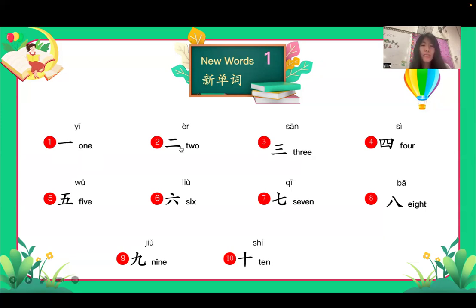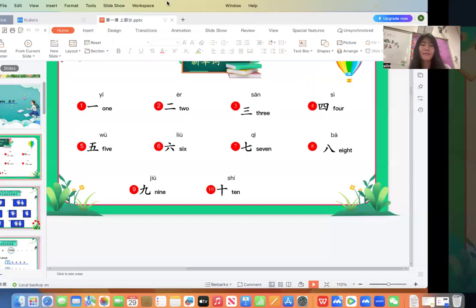一、二、三、四、五、六、七。And this one is 八, ba. Okay.